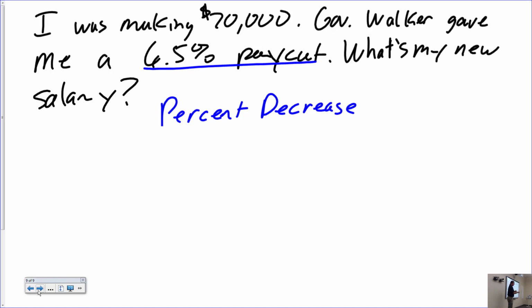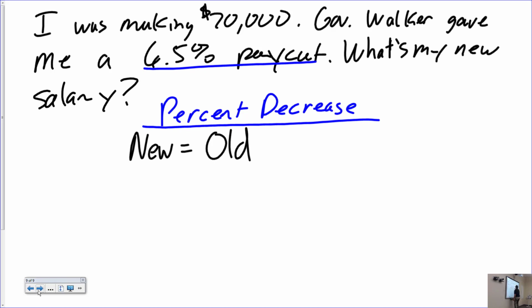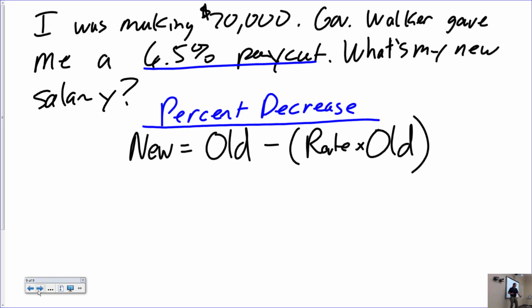Not add, but subtract, right? Because we're doing % decrease. So the basic formula for dealing with a % decrease is that your new is going to be your old minus the rate times your old. It's exactly the same formula, except that there's a minus instead of a plus. Nothing's changed. It's just subtract instead of add.